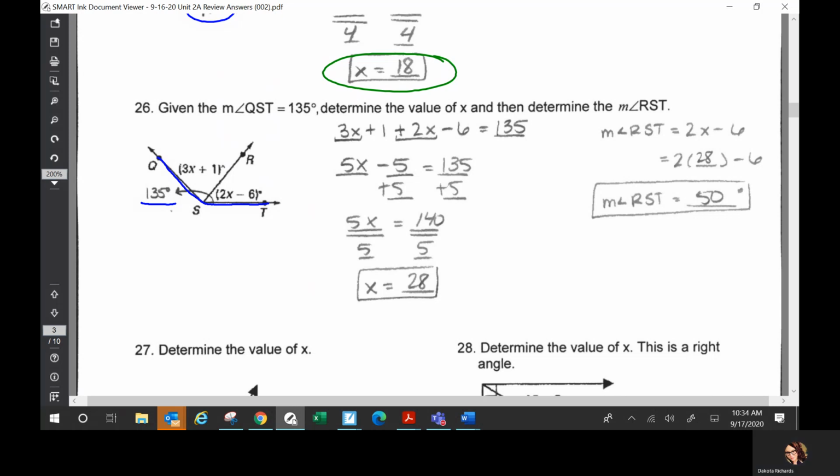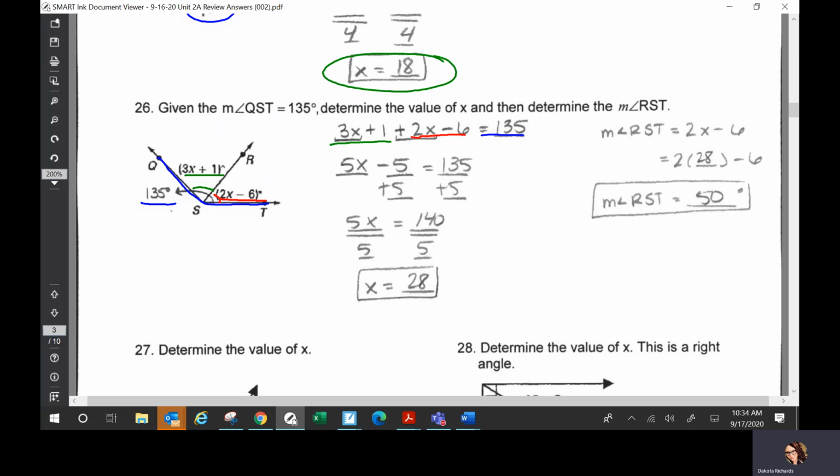So the big angle is made up of these two smaller angles, 3x plus 1, and 2x minus 6. Those two added together equal the whole thing, which is 135. Combine like terms, solve for x, do the fun algebra stuff. You get x is 28.